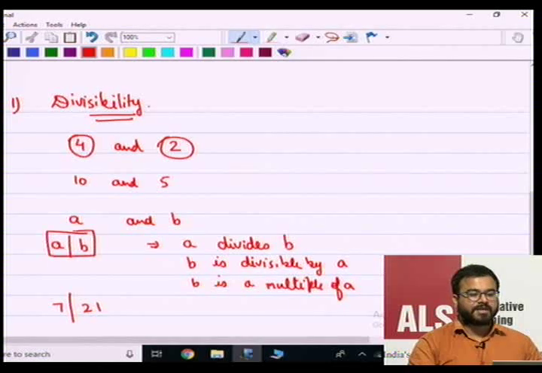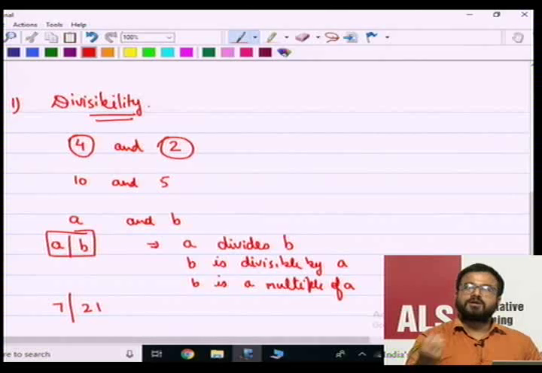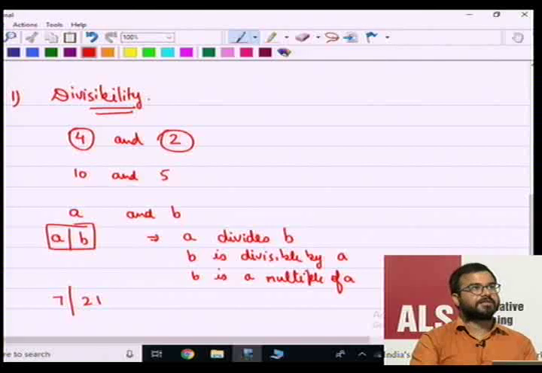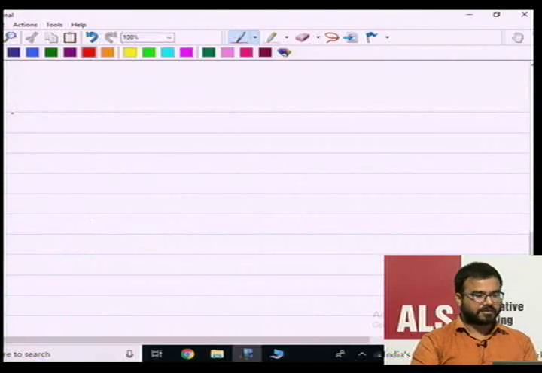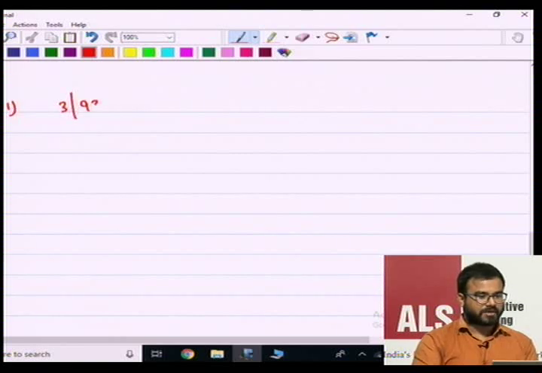If I write two numbers like this, it means A divides B, or B is divisible by A. Suppose I give you some questions based on this, and you have to tell me whether they are true or false.